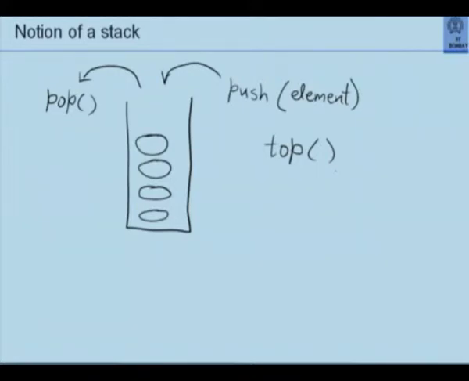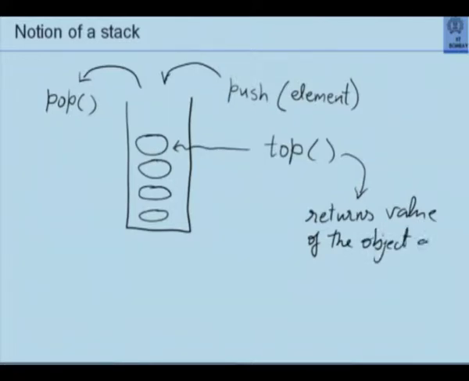And when applied to an object of type stack, it is capable of peeping into this. It will look here and will return the value of the object at top without disturbing it in any way.